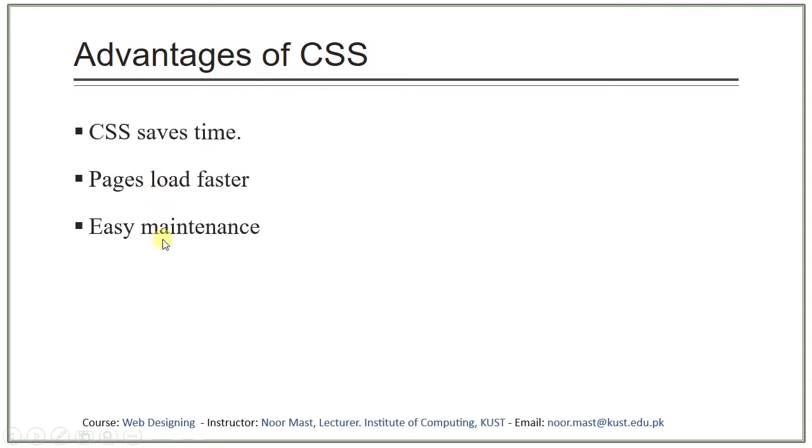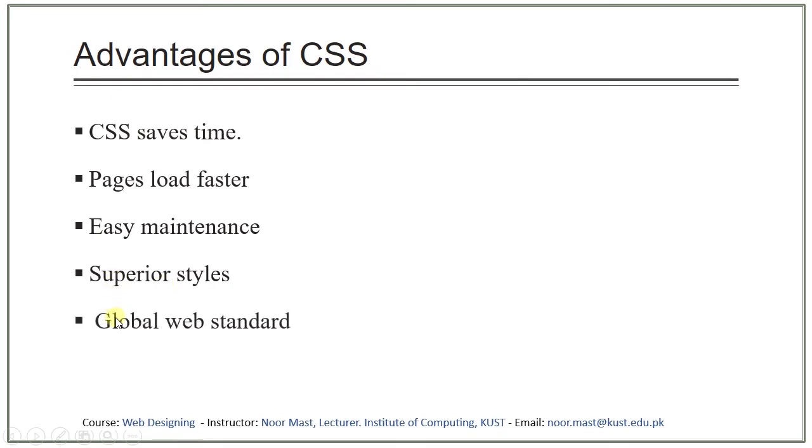Easy maintenance. To make a global change, simply change the style and all the elements in all the web pages will be updated automatically. Superior styles. CSS has a much wider array of attributes as compared to HTML. Thus, using CSS, more styles are available for your web pages.